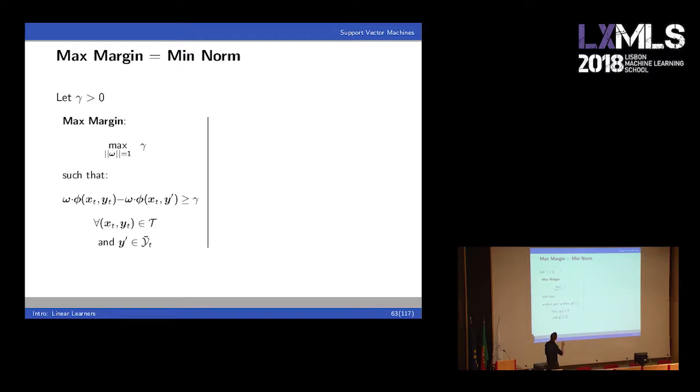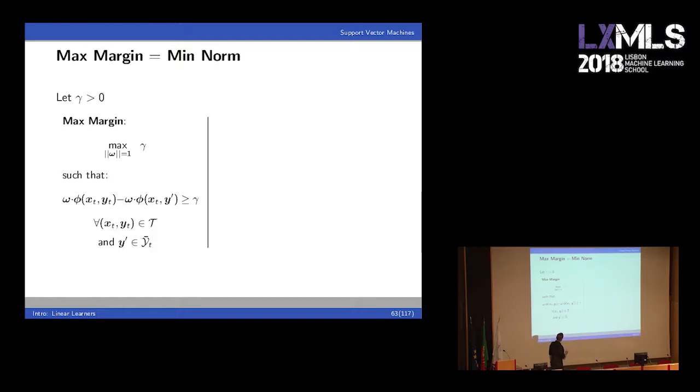If we set up this maximum margin problem and do a little bit of reparametrization, then what we get in the end is the formalization that you normally find in textbooks for the support vector machine problem. It's not really intuitive why this optimization problem has something to do with margin maximization and error minimization, but I will show you how from this very simple objective, maximize the margin, you get to the support vector machine problem.